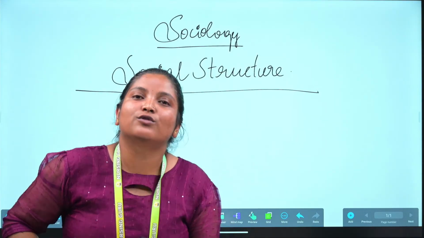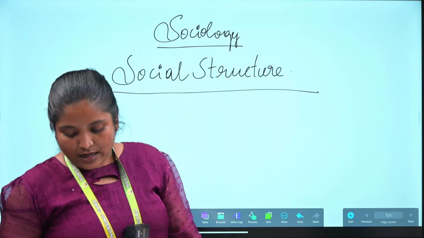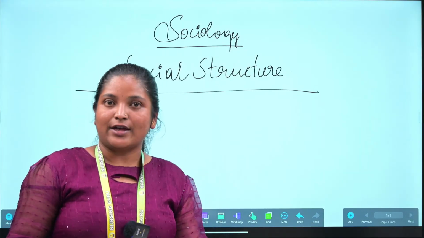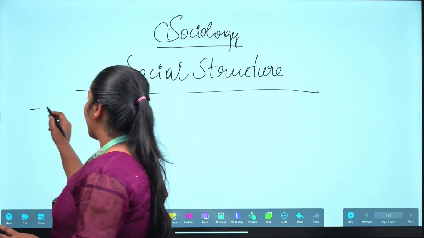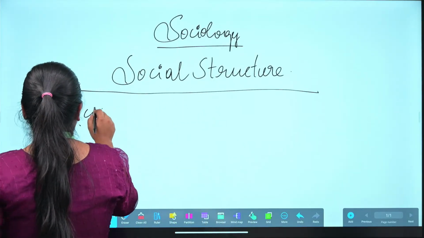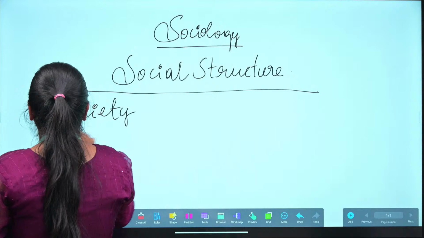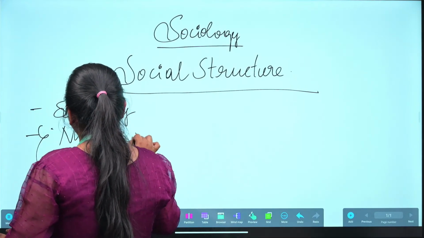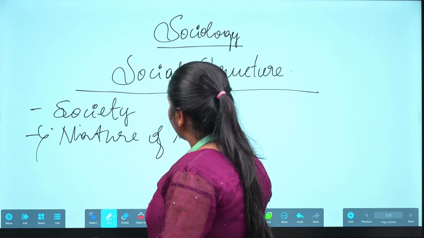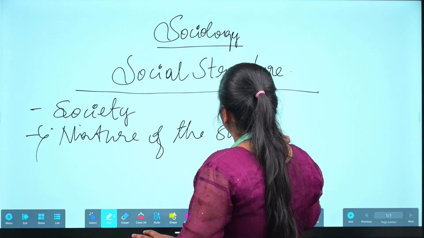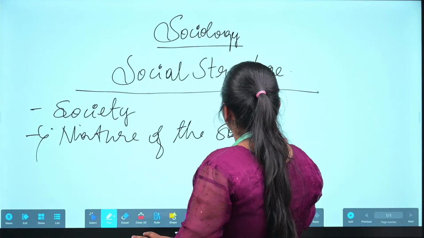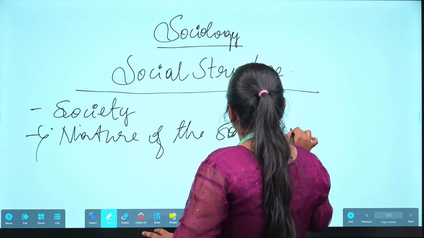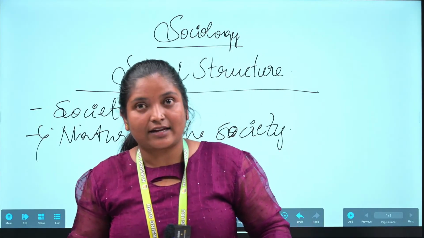So social structure is your unit, and there you are going to study about the society. The next one is the nature of the society.